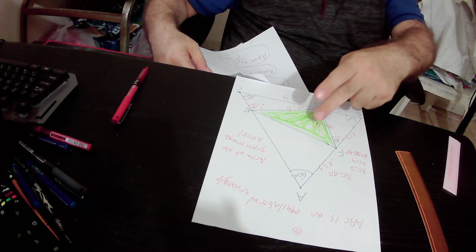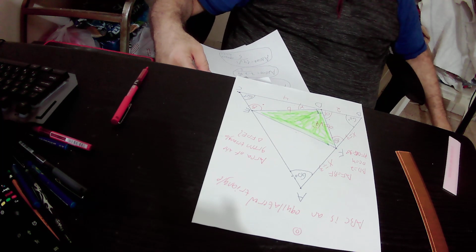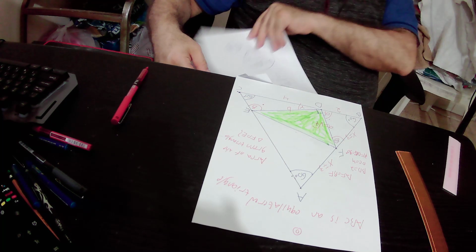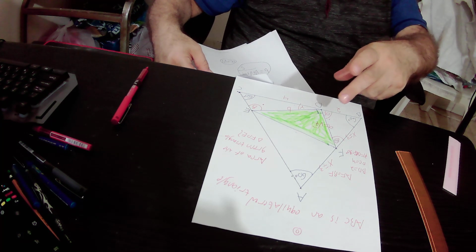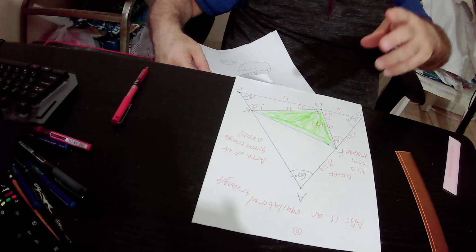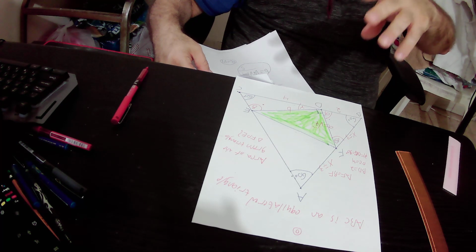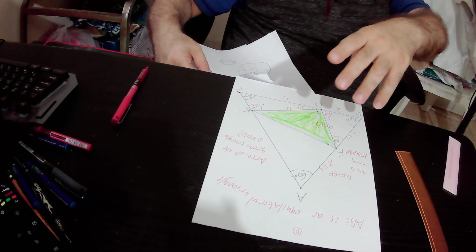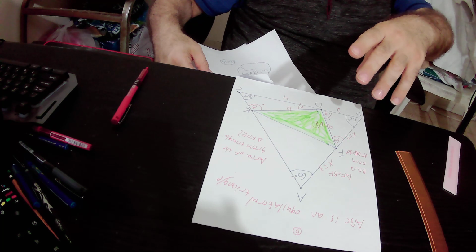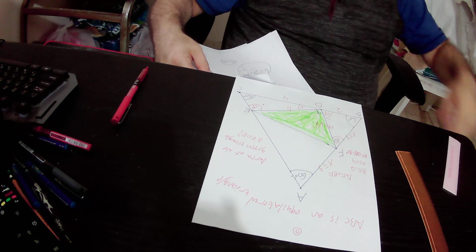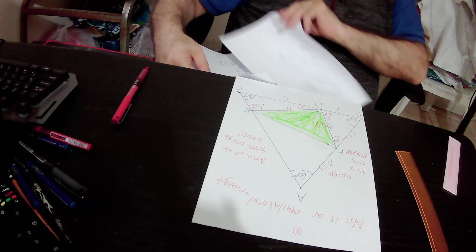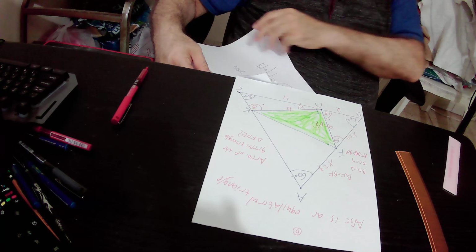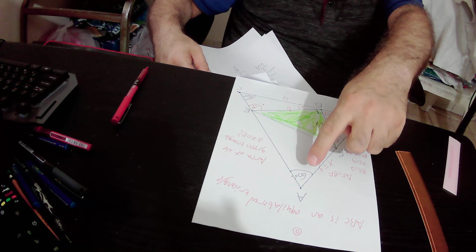Actually, we wanted to find the area of the green triangle FDE. The green triangle is located inside the big triangle ABC, that is an equilateral triangle. In any equilateral triangle, all the angles equal 60 degrees.